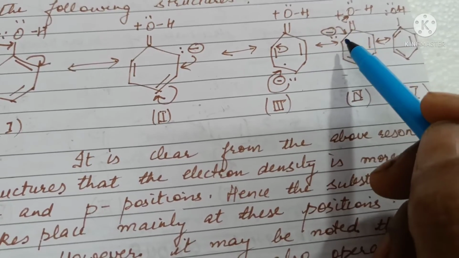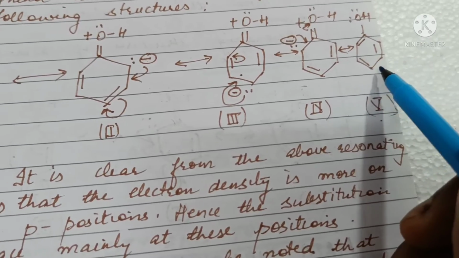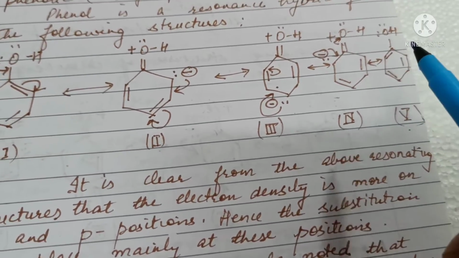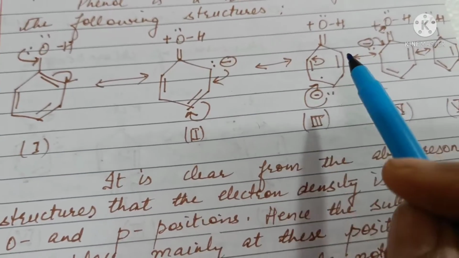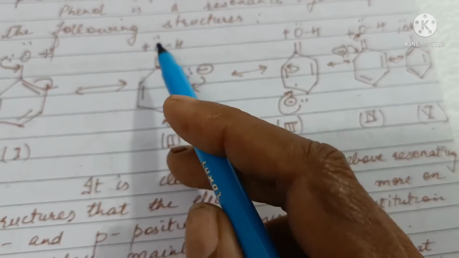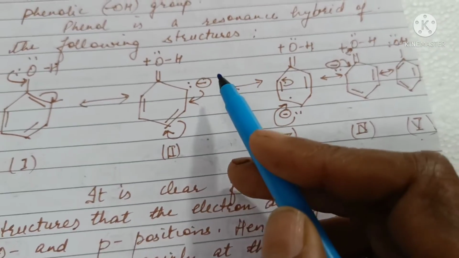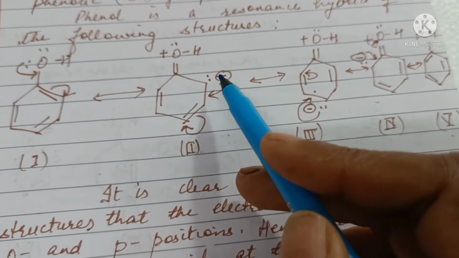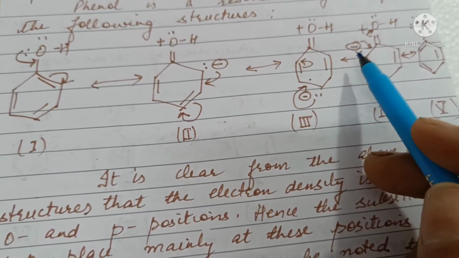Then when these electrons move here and these electrons go back to the oxygen atom, another resonating structure develops. So we see that out of the 5 structures, 3 have a positive charge on the oxygen atom and the negative charge will come on either ortho and para or again on ortho position.